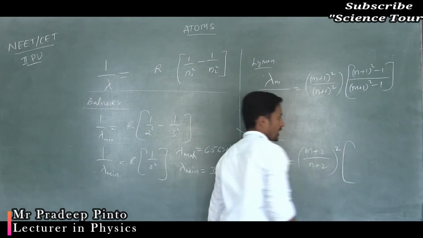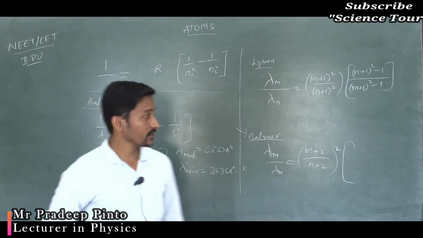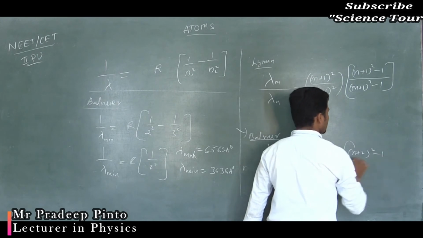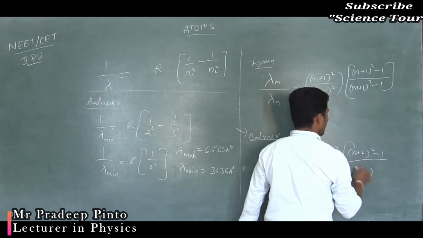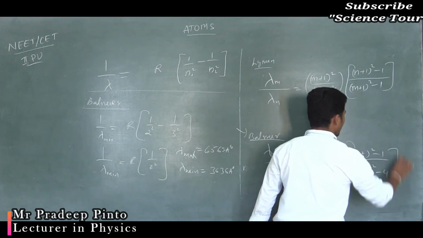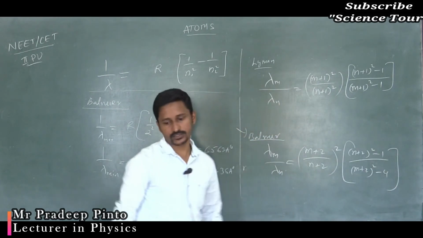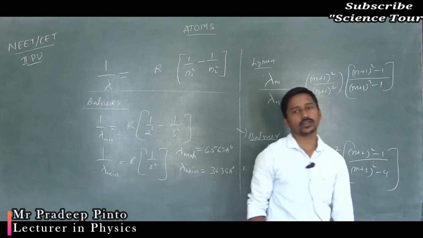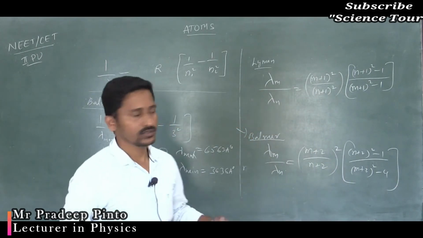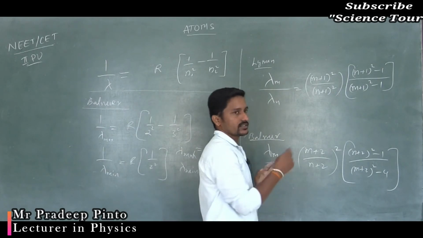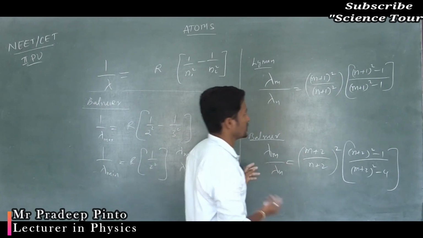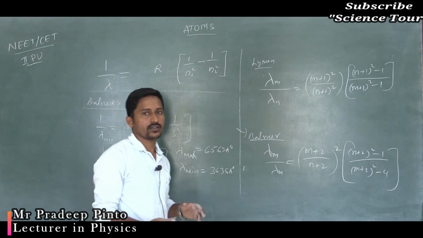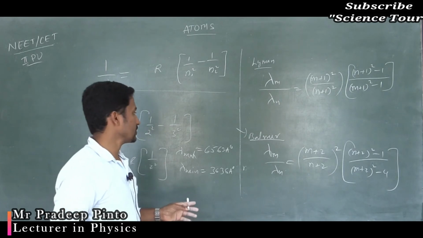Here it comes as n plus 2 whole square minus 1, m plus 2 whole square minus 4, because it is 1 square and 2 square. For Balmer, n1 is equal to 2, so here it is 2 square, and it changes like that. This is for only 2 I have written. It is a third series like the Lyman series, Balmer series, then Paschen series, Brackett series, Pfund series, it goes like that, it varies. That is the thing that you should know.